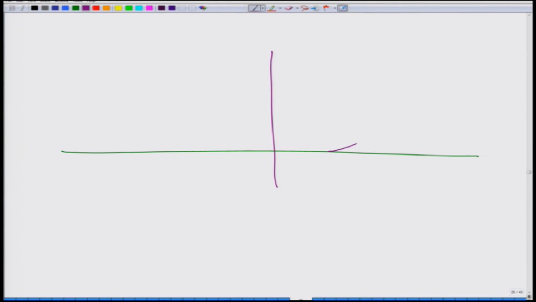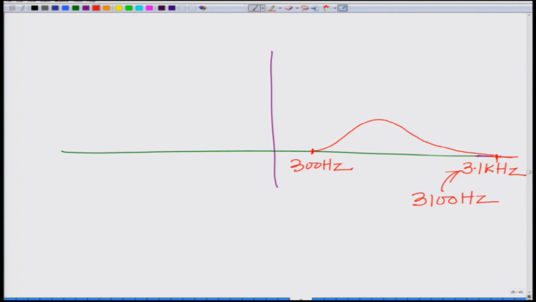It starts at 300 hertz and goes up to 3.1 kilohertz, that is 3100 hertz.